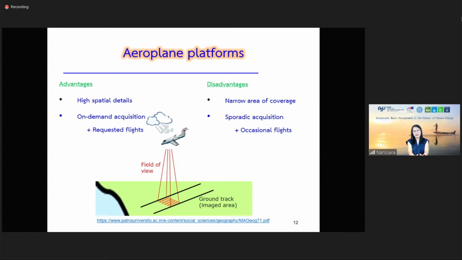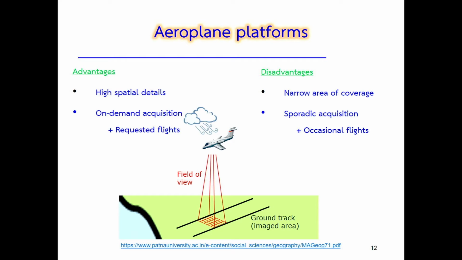The disadvantage is that you can only cover a small area, not a huge area. For example, if I want to get data for my whole university to make a PSU map, you can use a drone or UAV to fly over and cover PSU university.